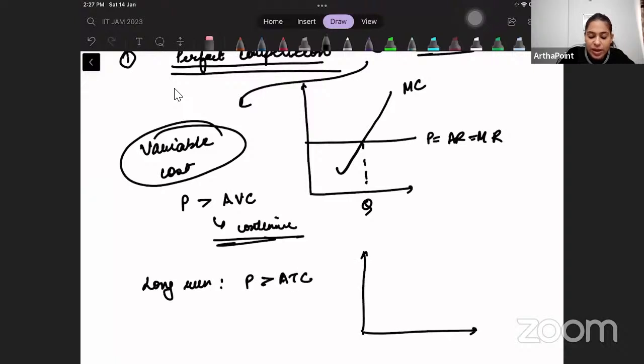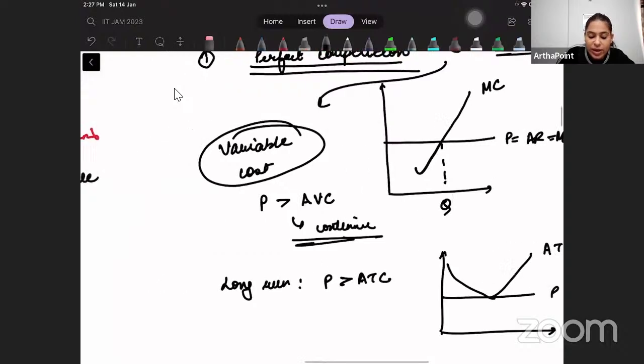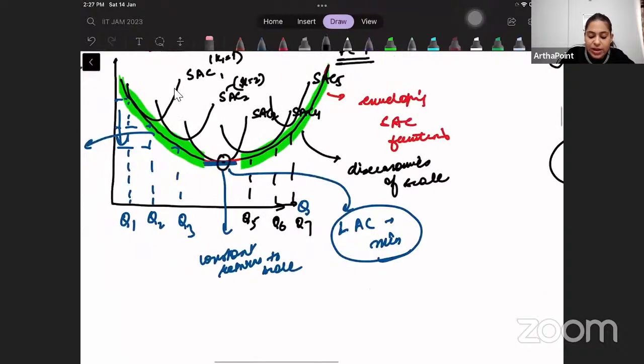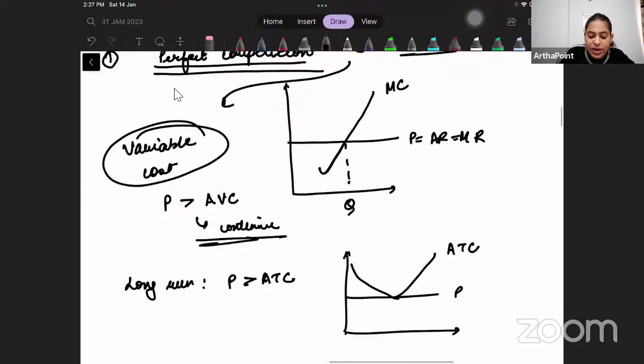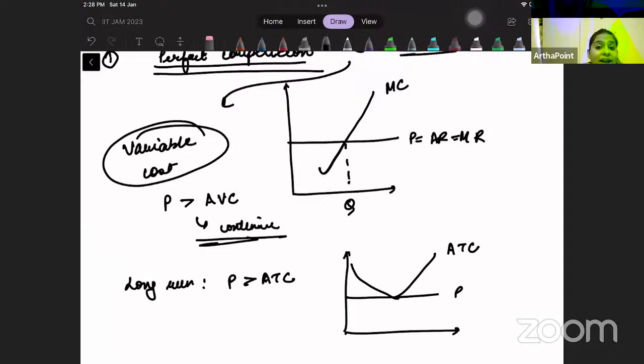So I want my price to be such that I cover the min of ATC. That is what I just mentioned here. I will be operating here for a perfectly competitive firm. So each and every property, why is the marginal cost curve called the supply curve of the firm? That property, right? And then other essential things also.